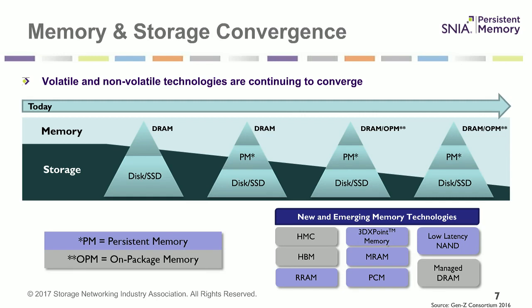And in particular, when we say memory, we mean byte addressable technology, typically used by processors, and then storage is typically block addressable and has come in many forms over the decades, in particular rotating disk and solid state disk now for the better part of a decade.